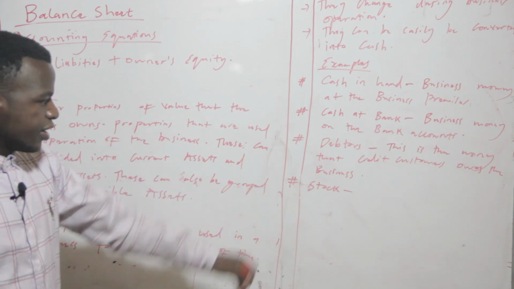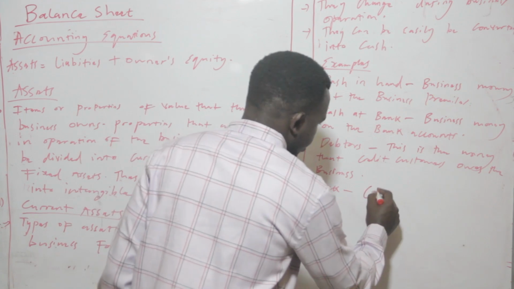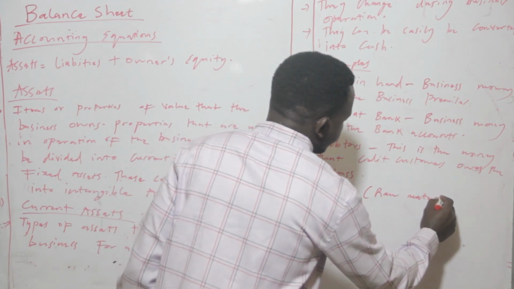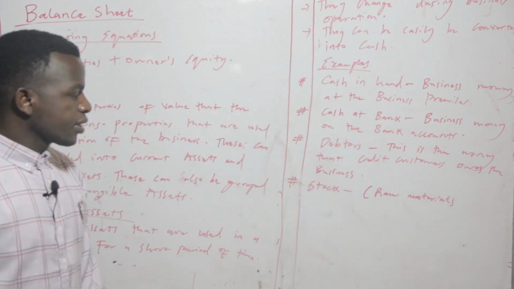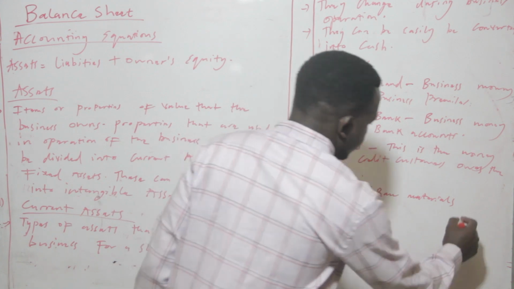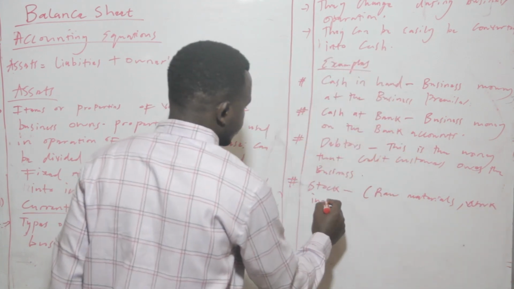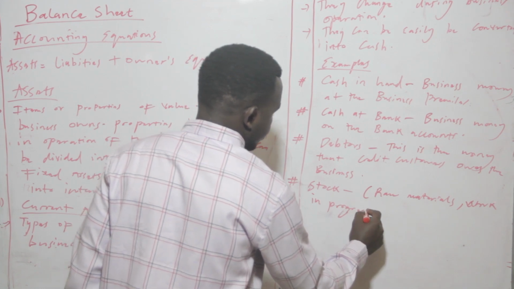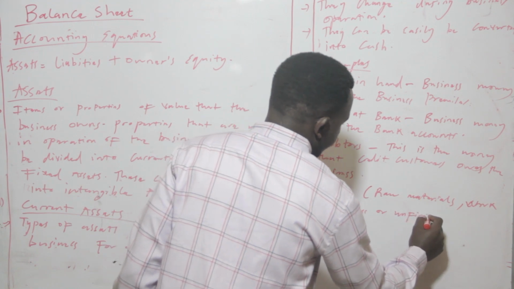Then for the closing stock, or the stock that you're having, this can be raw materials. So you have to get raw materials of closing stock. This can also be work in progress, or unfinished goods.